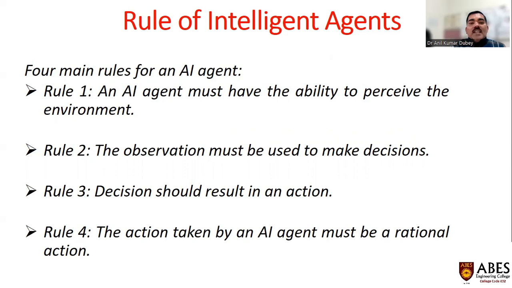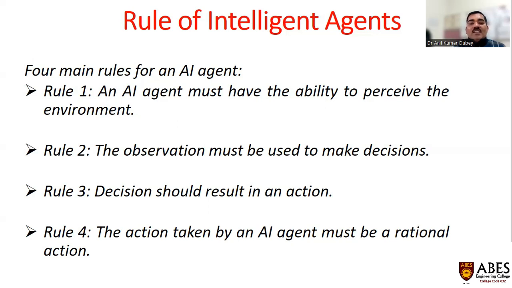Rule 1: an AI agent must have the ability to perceive the environment. If they have the capability to know what happened in the environment, they receive such data and information from the environment correctly. The second rule says that observations must be used to make decisions. They relate the data they receive from the surroundings to other data they have received continuously, so that they can take the final decision.